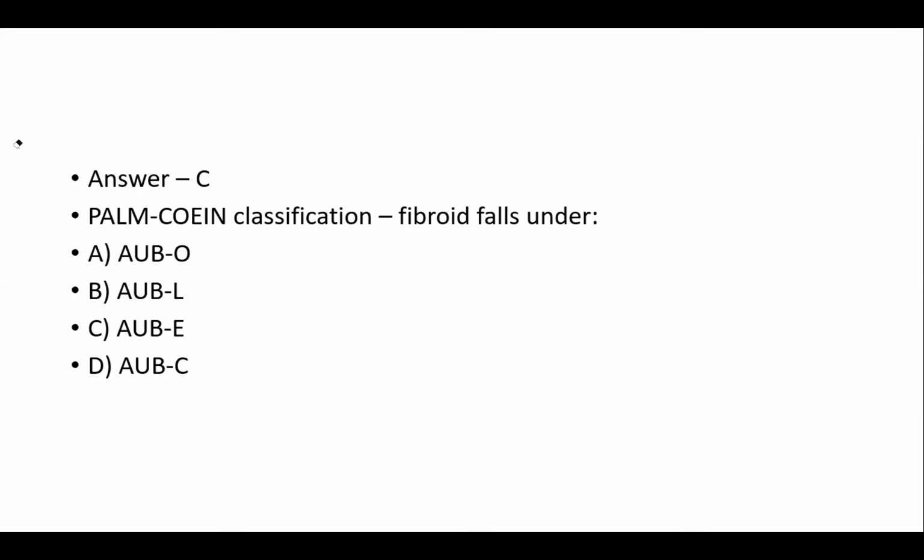AUB-O means anovulatory, that means PCOS. AUB-E means endometrial cause, like if there is any abnormality in the prostaglandin ratio. AUB-C, if the patient has hemophilia or some platelet dysfunction disorder. Am I clear?